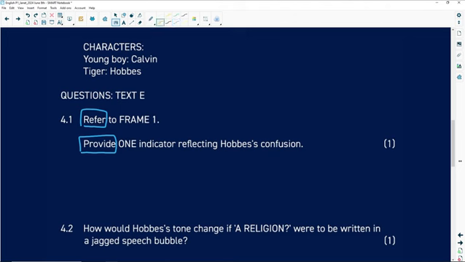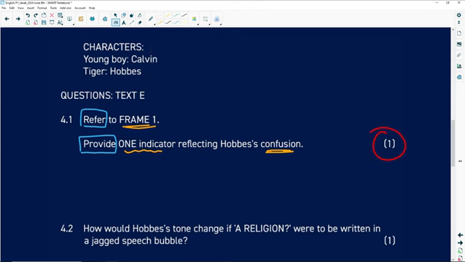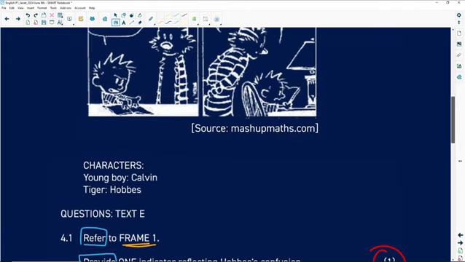And what have we got to do? We've got to refer to frame 1, one indicator showing that Hobbes is confused. What's your mark allocation? You want to finish this paper comfortably. You don't want to spend time unnecessarily. It's 1 mark, so 1 indicator of his confusion.